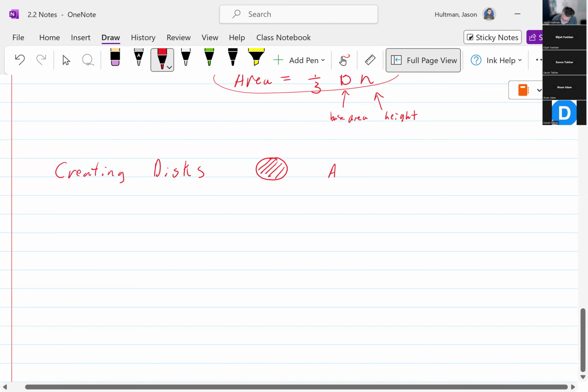Okay, the area of a circle is pi r squared.